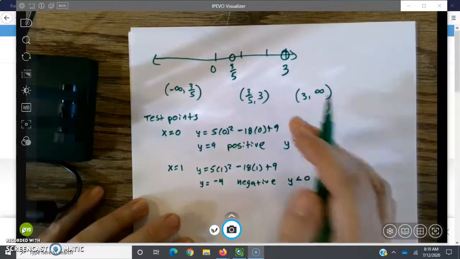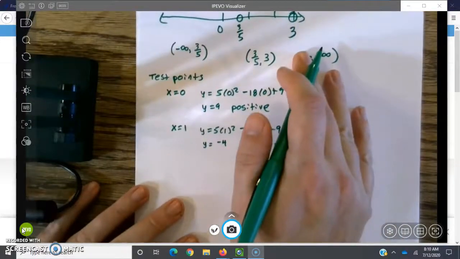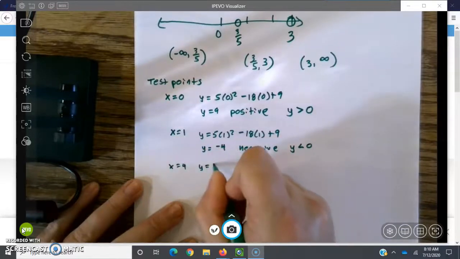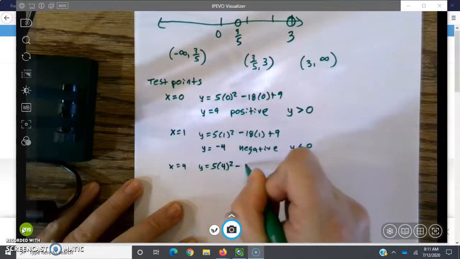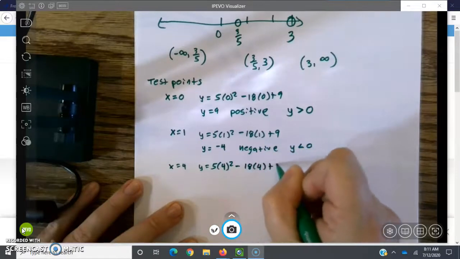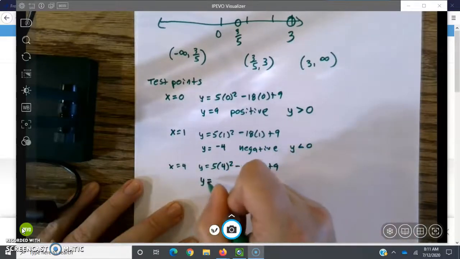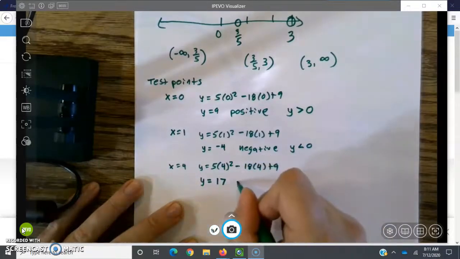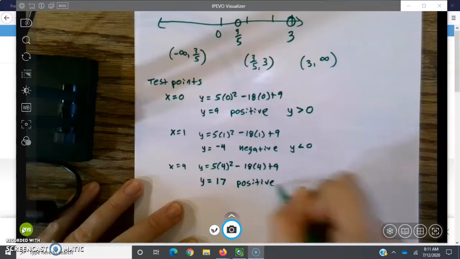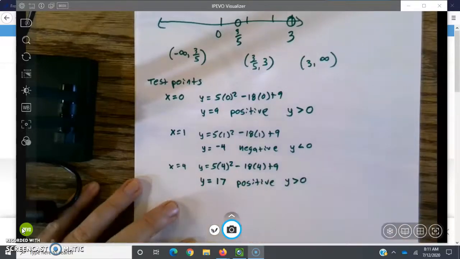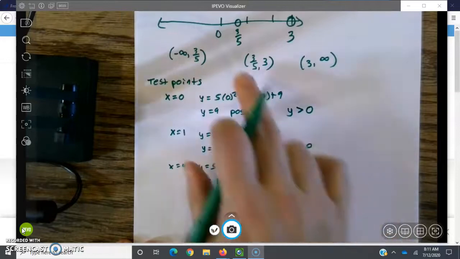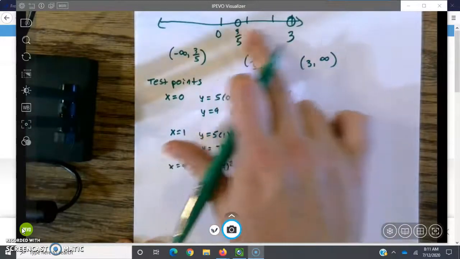So let's try x equals 4. So this is positive. So y is greater than 0. Okay, so that means this region is not going to work for us. So the only one that works is between these two values.